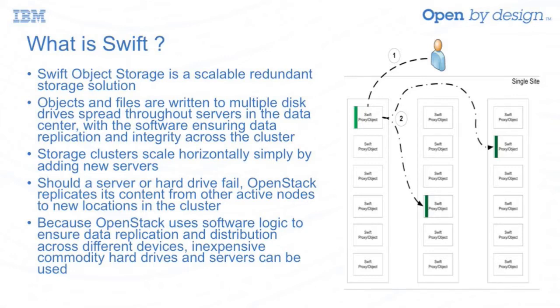This storage is scalable simply by adding more servers, and if there's a server failure or drive failure, the data is rebuilt on other active nodes in the data center.